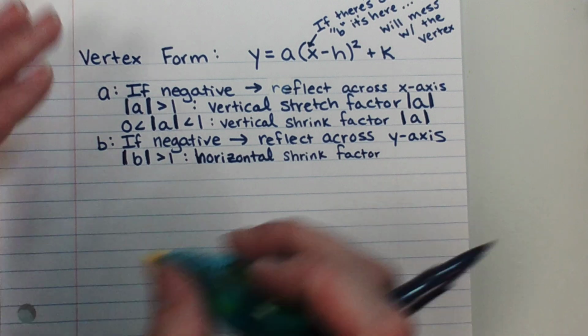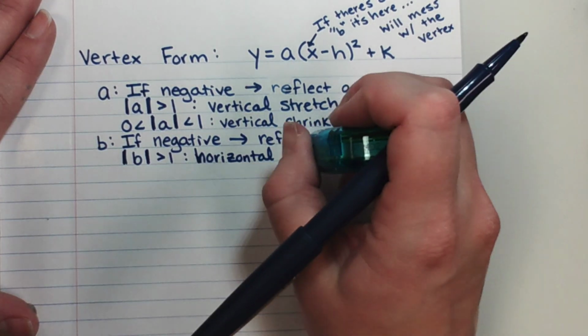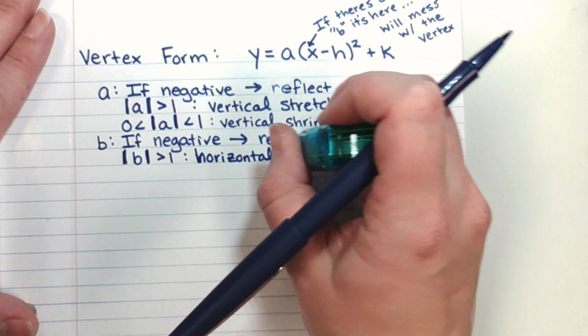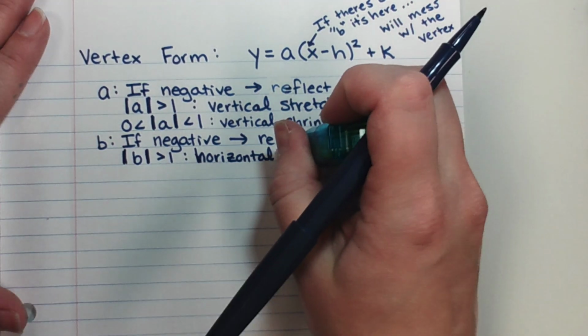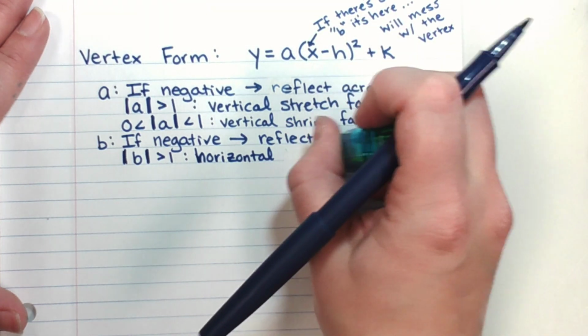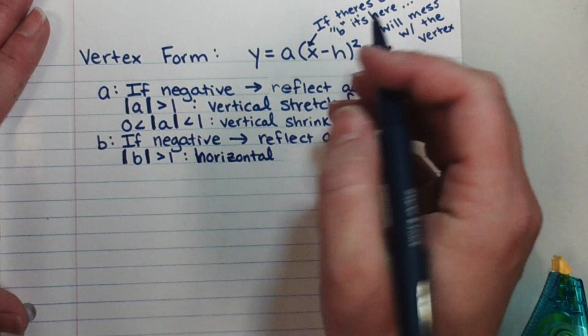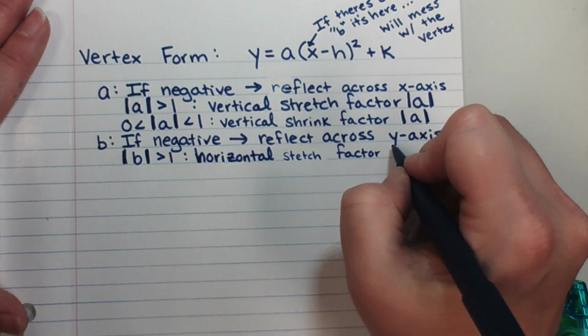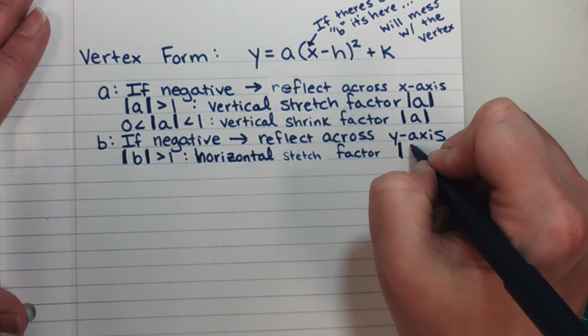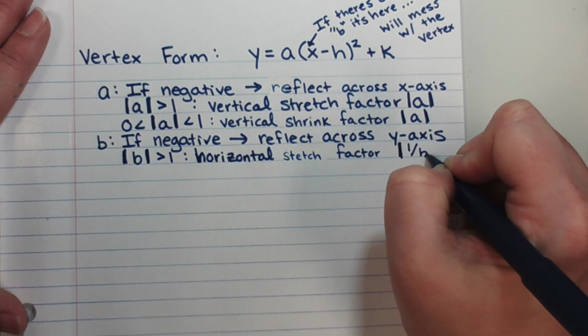why did I write shrink? It's not a horizontal shrink, it's a horizontal stretch. I'm apparently having a day with what I'm writing. But its factor is the reciprocal of b.